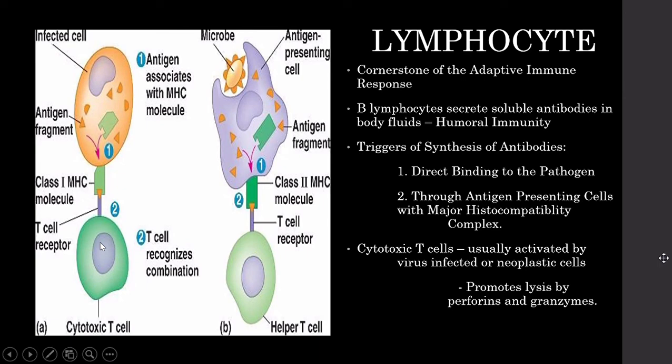Itong cytotoxic T cell, papatayin to siya na infected cell. Okay? That's the difference between cytotoxic T cell and helper T cell. Helper T cell for long-term reaction, cytotoxic T cell for short-term reaction. Okay?